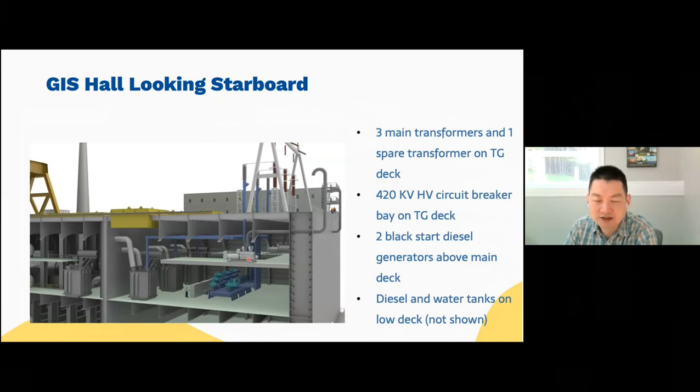So these two diesel generators are used for startup of the power plant. First of all, you start this diesel generator, and once you get electricity, then you start using the auxiliary boiler.